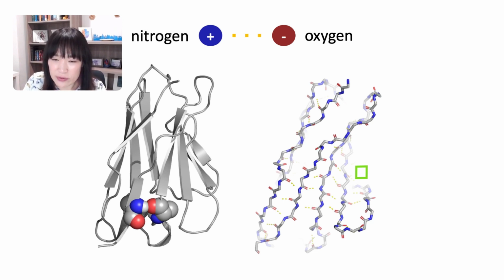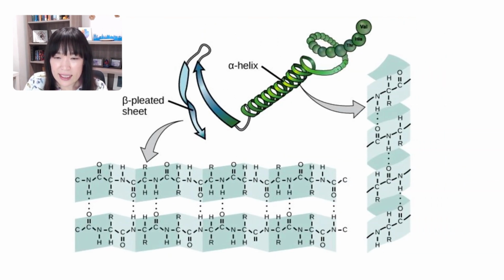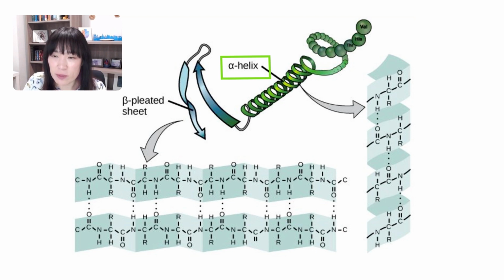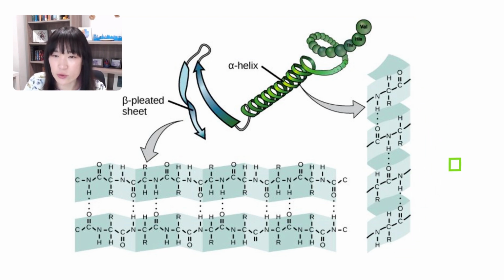And this is actually one of the reasons that this is called a sheet, because it forms this very particular ladder pattern of these little magnetic interactions. And that's not true just for the sheets. The sheets form a particular pattern in the backbone of these ionic bonds, but helices as well, their backbones, when they spiral around like this, also form a very distinct pattern. And this is why these two secondary structures are so common.